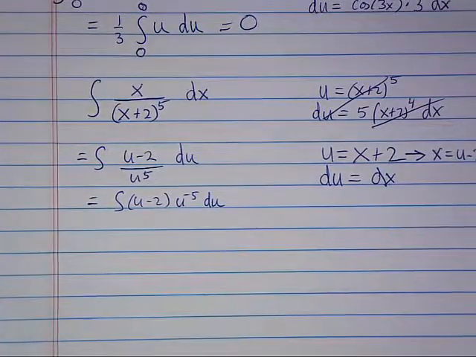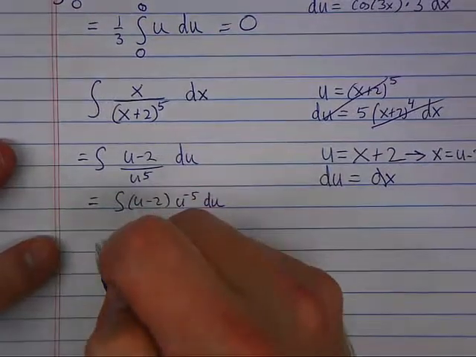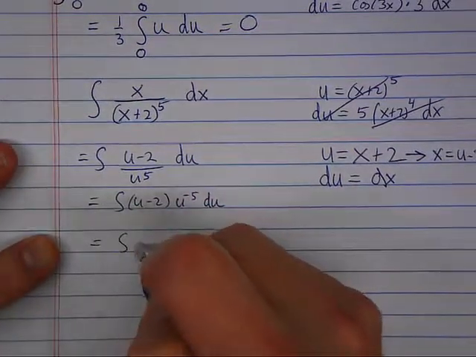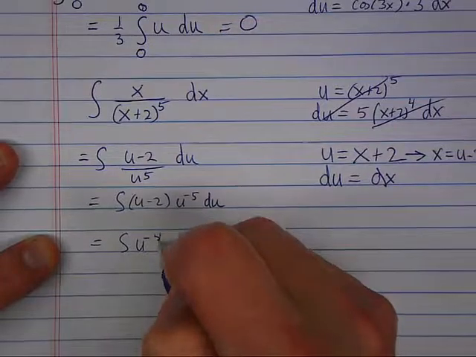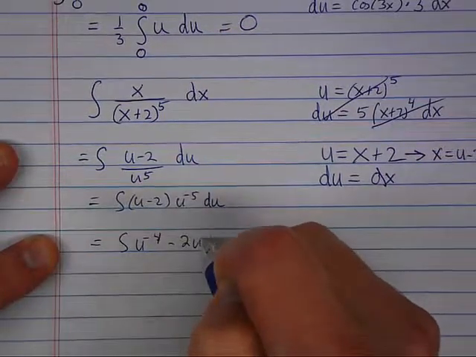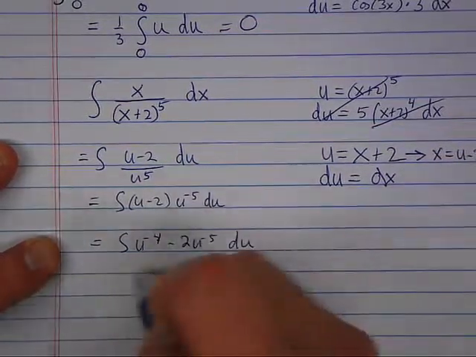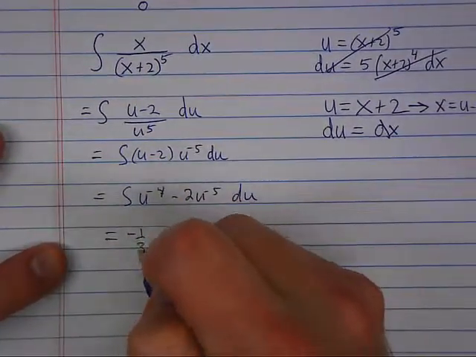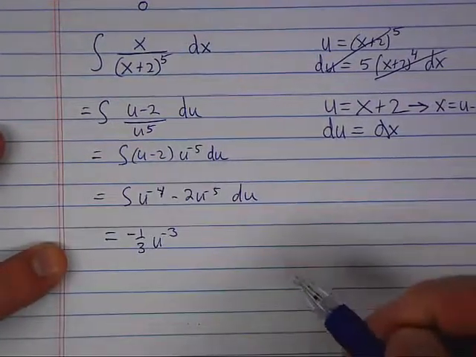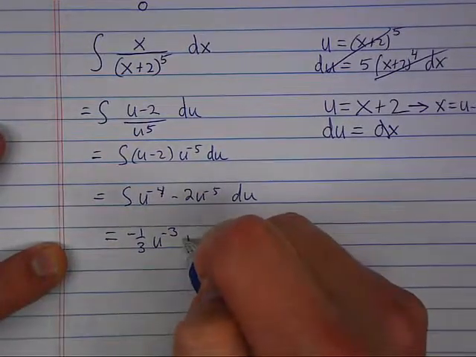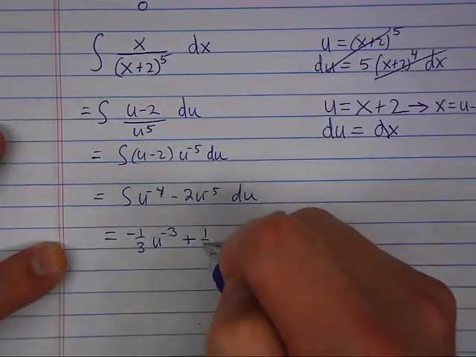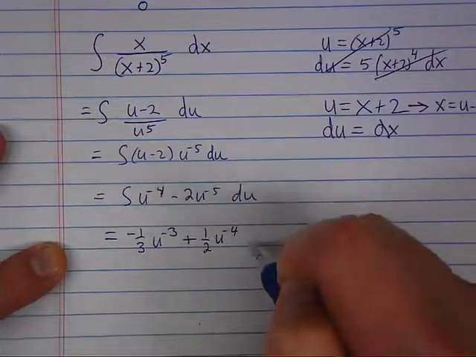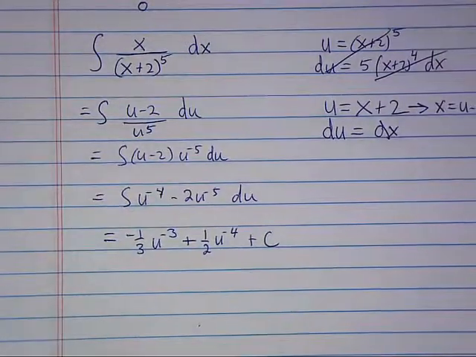And then I can distribute. So this becomes the integral of u to the negative 4 minus 2u to the negative 5 du. That's negative 1/3 u to the negative 3 plus 1/2 u to the negative 4 plus c.